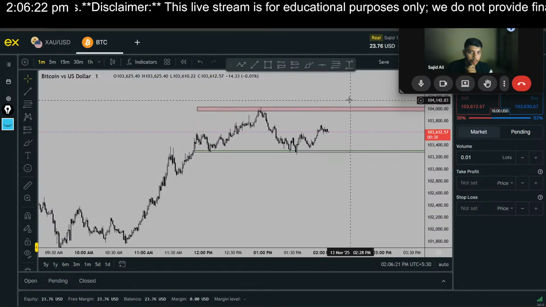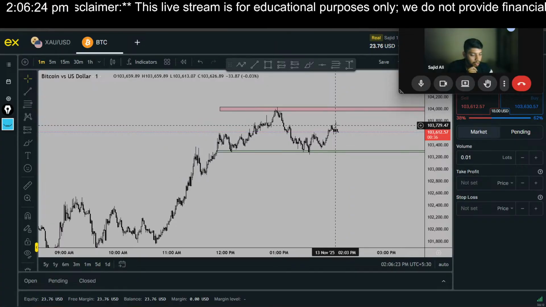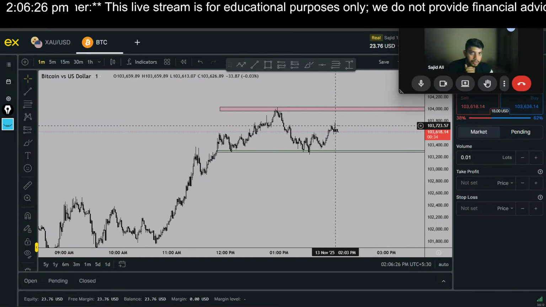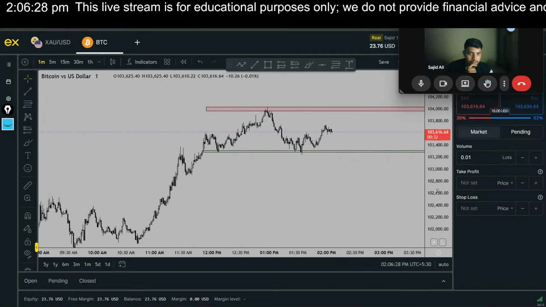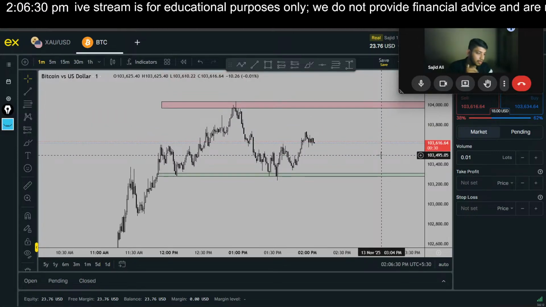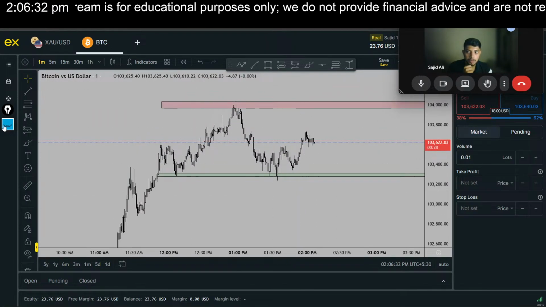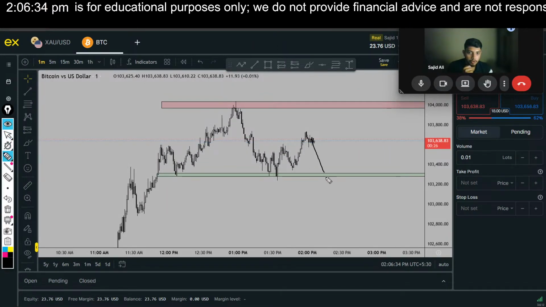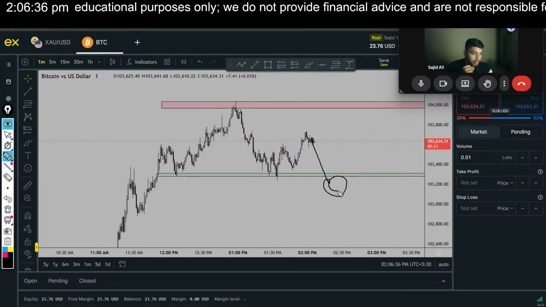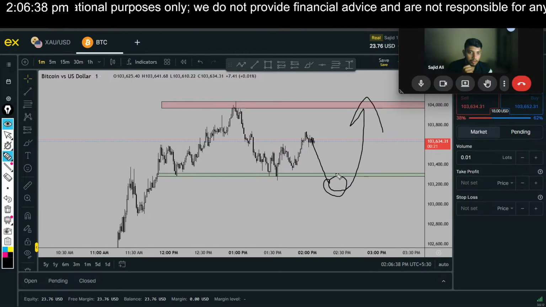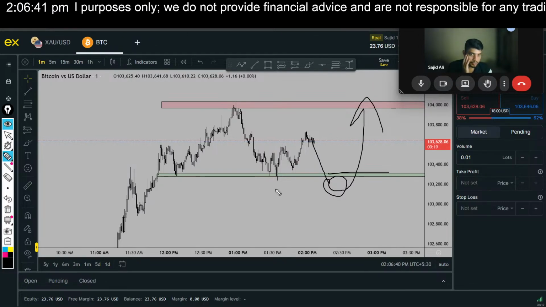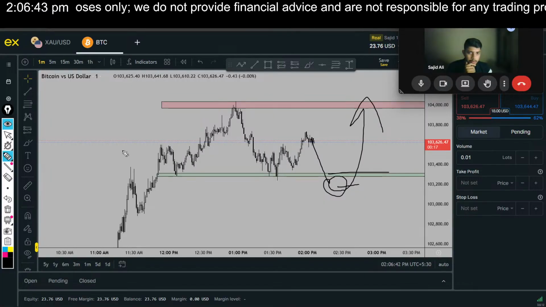If our setup is formed, we'll go for a trade, or else we'll continue in the New York session. Or if in the middle I close the stream and this setup is formed, two candles closed, trend line and all, if it reverses, you can go for a buy side here with a small stop loss of just 10 pips.